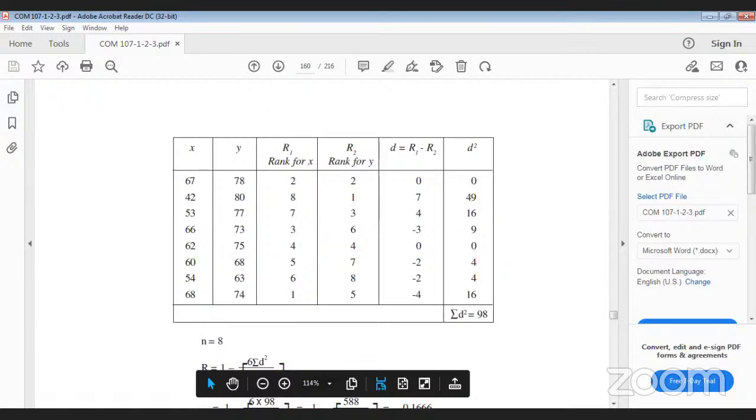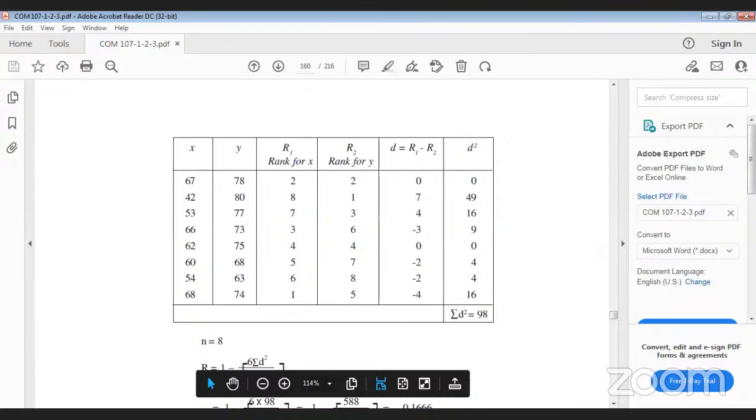The highest number for X is 68 here. First rank for 68. And second highest is 67 for X. We have to put second rank here. 66, third rank. Then 62, fourth rank.